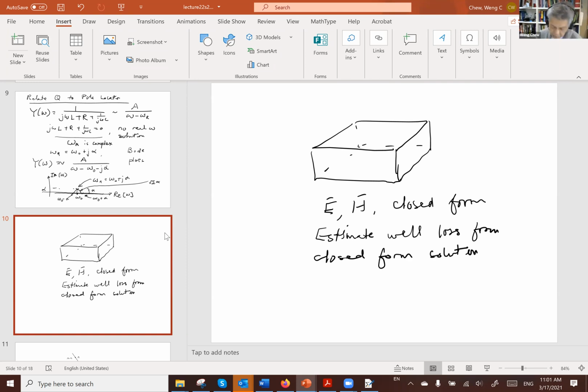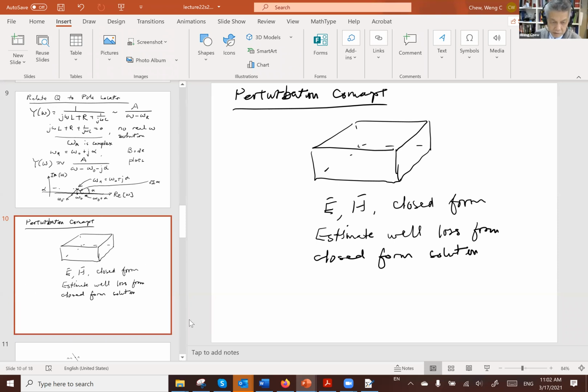How do I do that? Well, this is something using what is called a perturbation concept. First, let's assume that the wall loss is 0. In other words, let's assume that the conductivity is infinitely large.